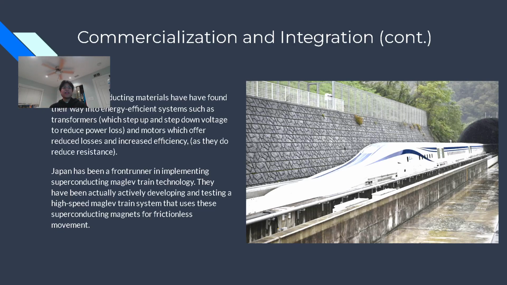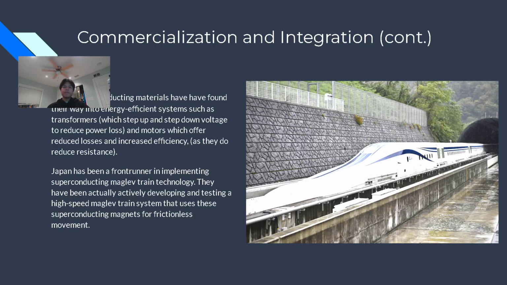So Japan has also been a front runner in implementing superconducting maglev train technology. They've actually been actively developing and testing a high-speed maglev train system that uses these superconducting magnets for frictionless movement. And the absence of physical contact between the train and the track actually reduces friction and allows for more efficient means of transportation as well.